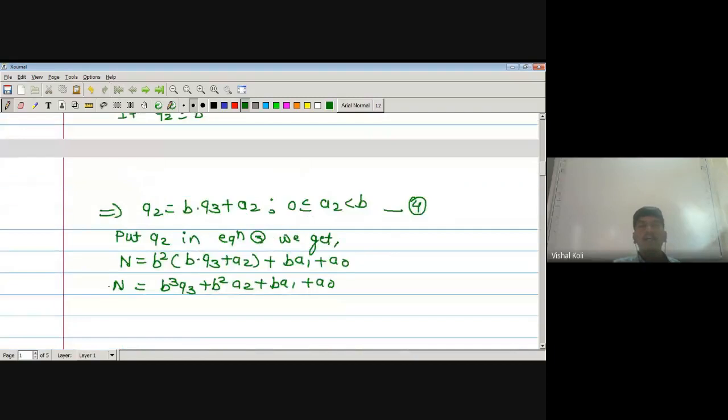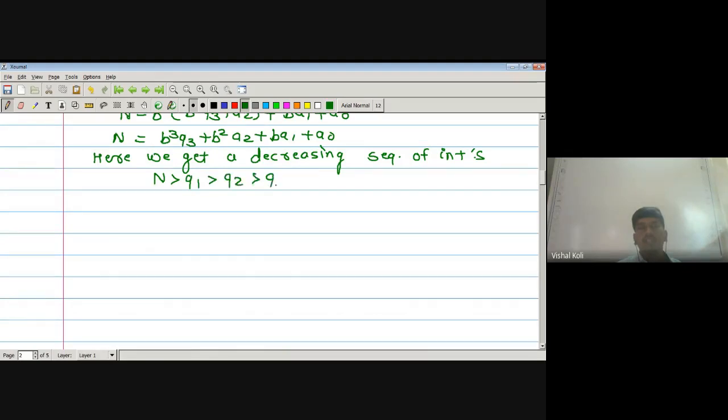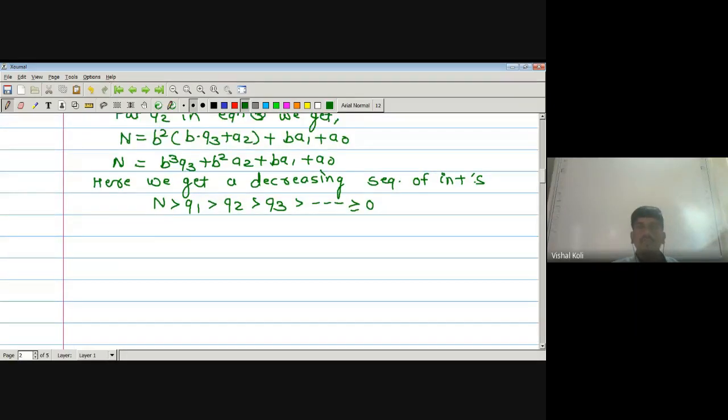But here we get a decreasing sequence of integers, that is the sequence: n is the greatest value such that n is greater than q1, which is greater than q2, which is greater than q3, and so on. It must be greater or equal to 0, since values of qi lie between 0 and b.